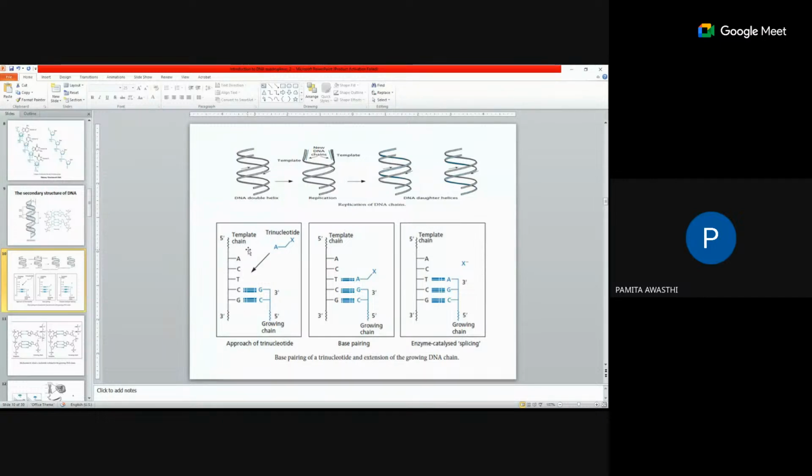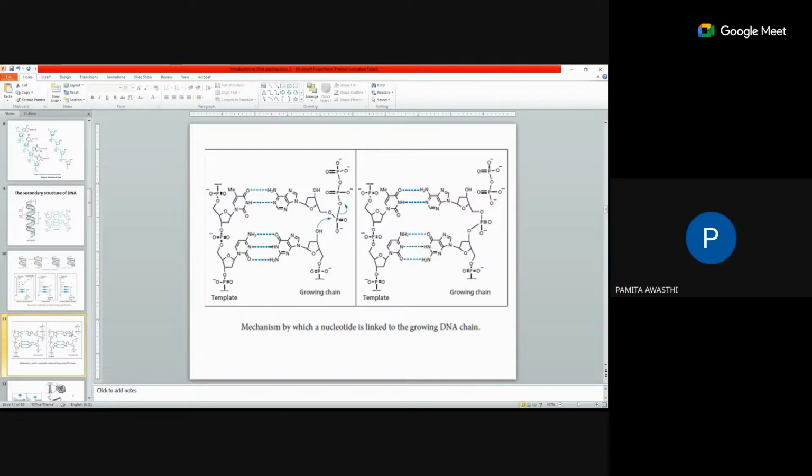The template with exposed bases can pair by hydrogen bonding with individual nucleotides in the form of triphosphates.